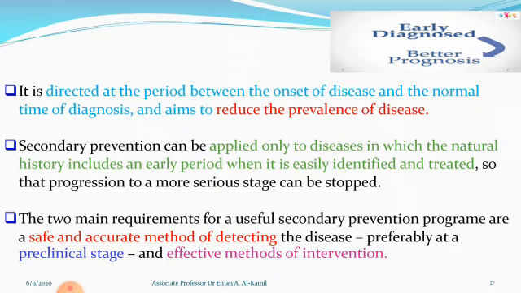When we want to prevent the disease or apply the secondary prevention by screening, there should be availability of accurate and safe screening tests. They should be available according to our resources.